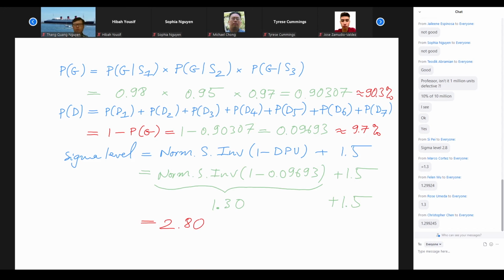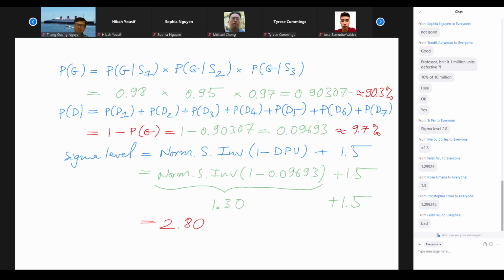So how about that 2.80 sigma level? When you say that our process has a sigma level of 2.8, how does that sound? It sounds bad, right?